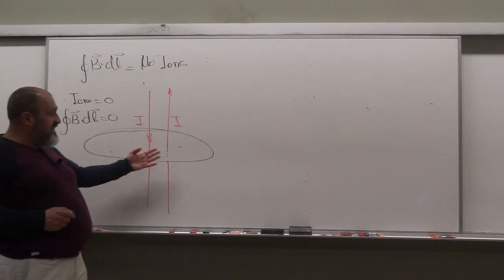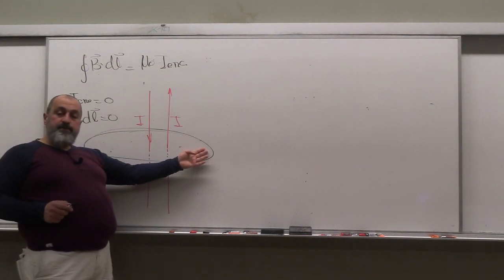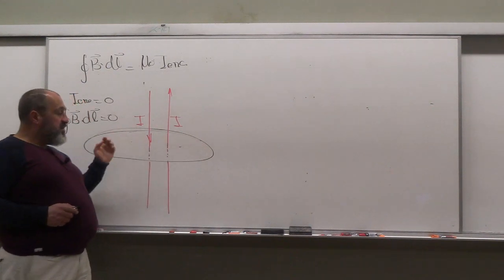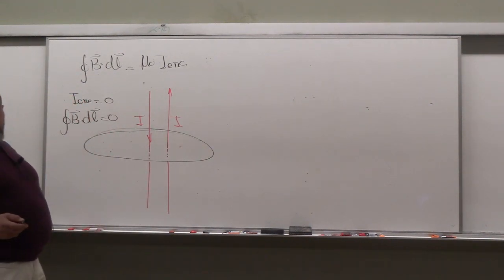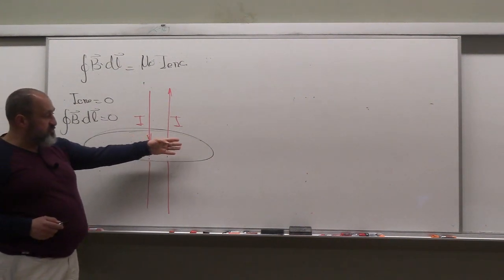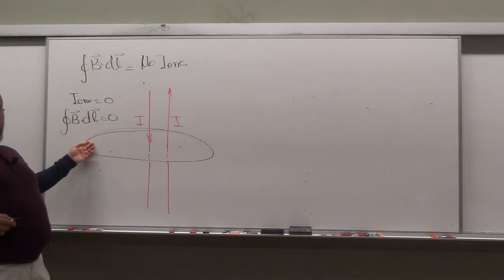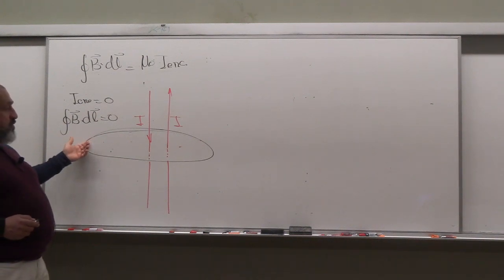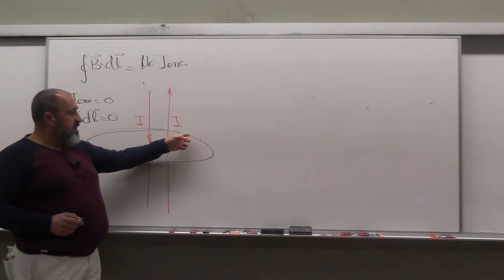Does that mean that the field is 0 along the contour, along the loop? No, of course not. Because of the lack of symmetry here, in that these two lines are closer to this point than they are to this point, right? We cannot say that the field is going to be 0 along the contour.